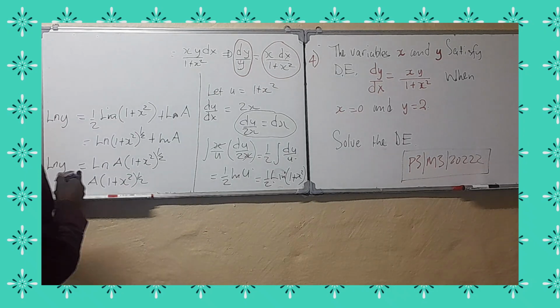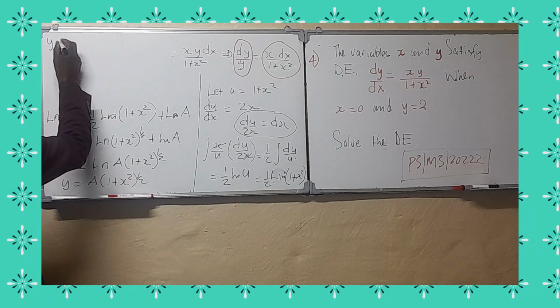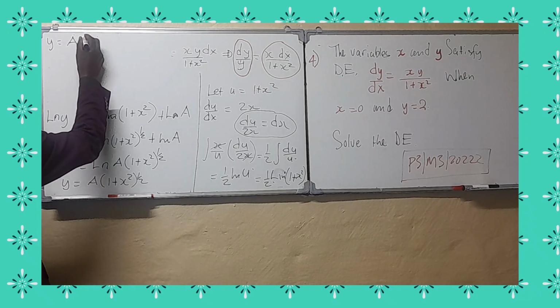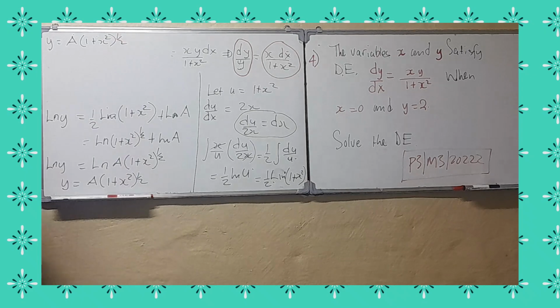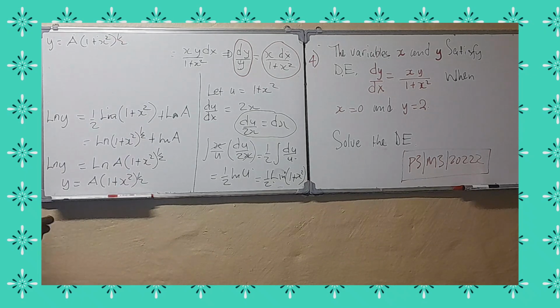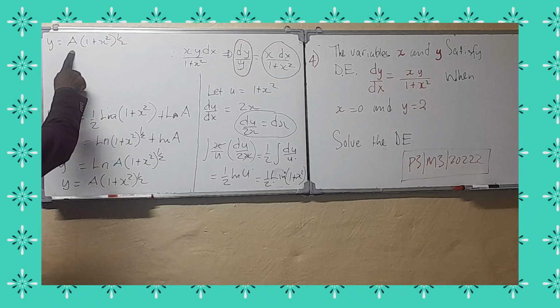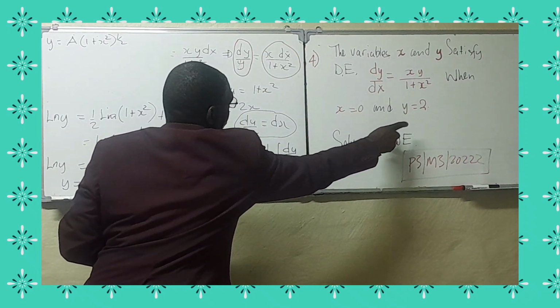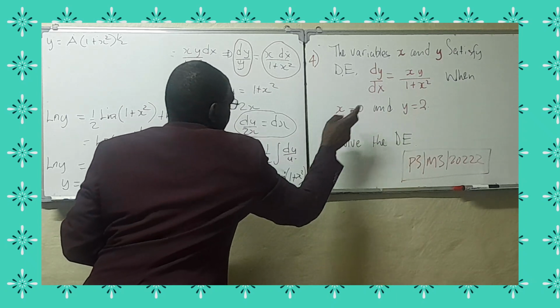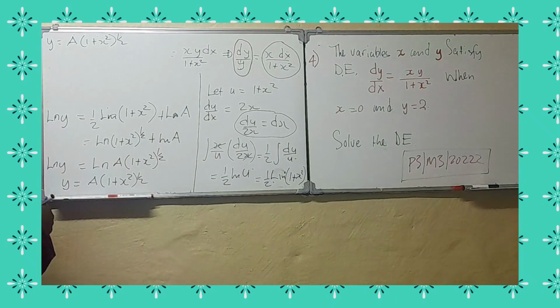Let's rewrite our equation as y is equal to a brackets 1 plus x squared to the power half. Now we need to go to the initial conditions because we need to find the constant of integration a here. We are told x is equal to 0 when y is equal to 2. So let's substitute.